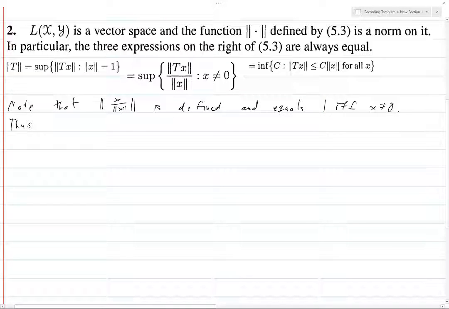Thus, the supremum over all tx such that norm x equals 1 is equal to the supremum over all, well, if you just divide this x through and bring it inside using linearity, this supremum such that x is non-zero.